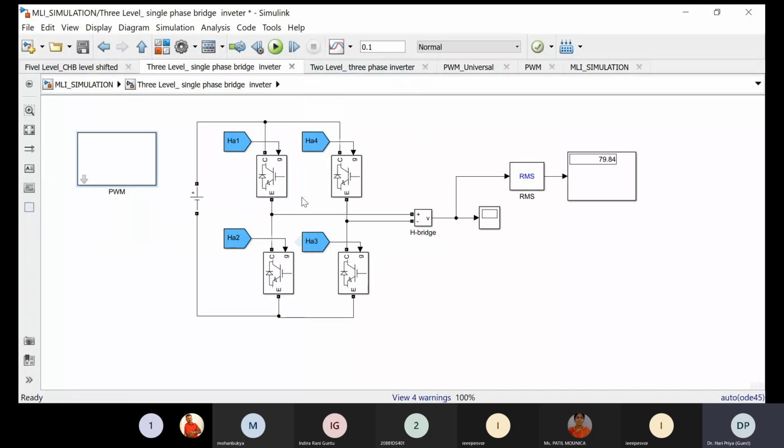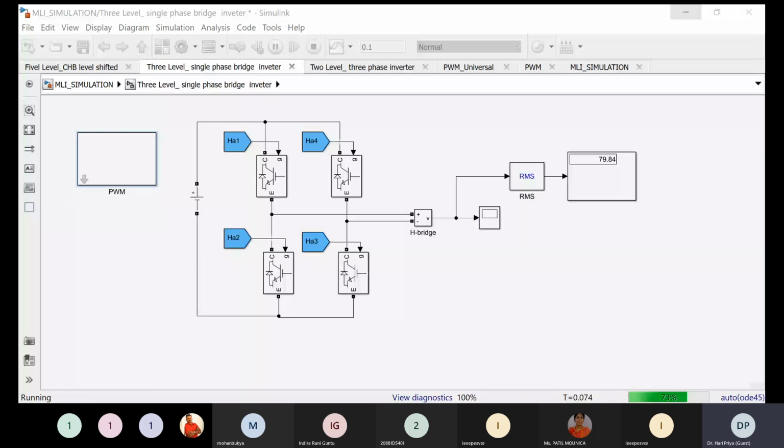Okay, fine. This is a simple 3-level inverter, the same thing I have described, operated with respect to 3 levels. We are able to make the simple H bridge operate for 3 levels. How to make this inverter operate for 3 levels actually depends upon the PWM that you are using.